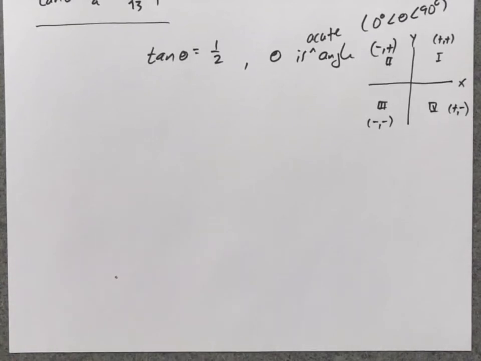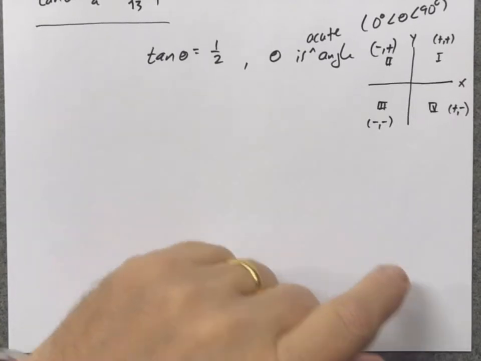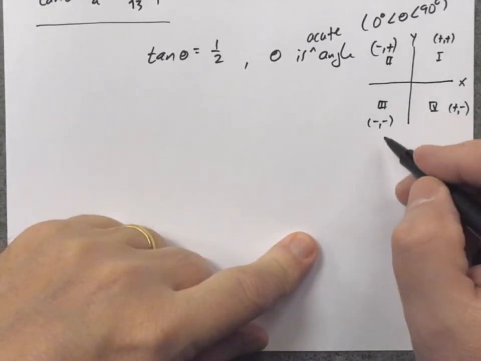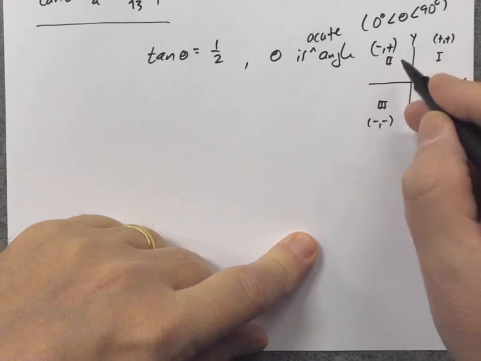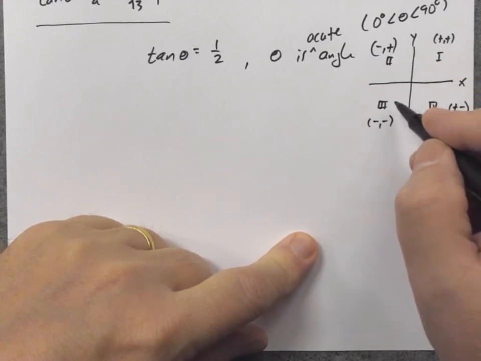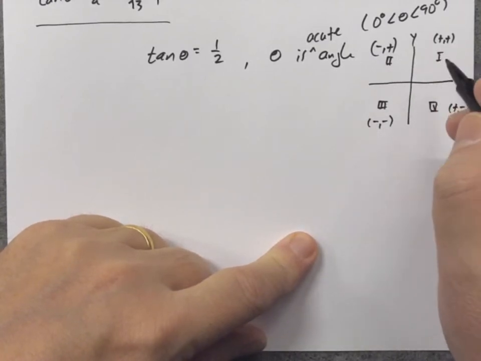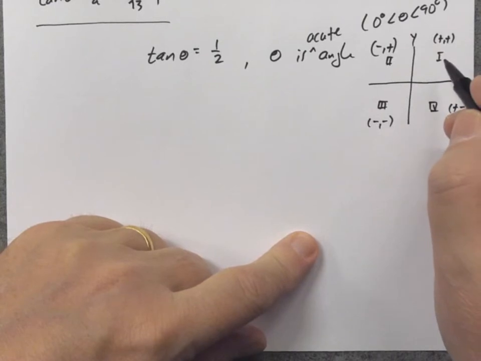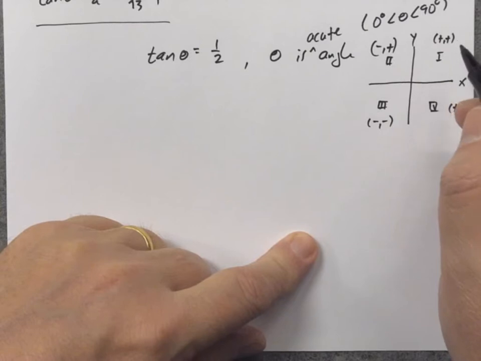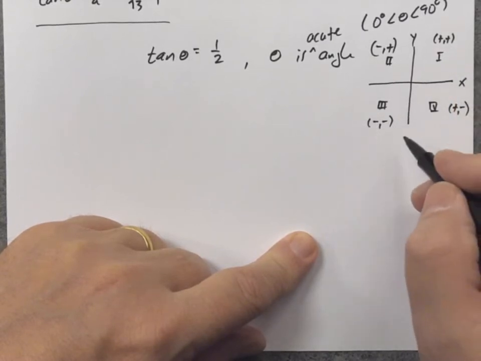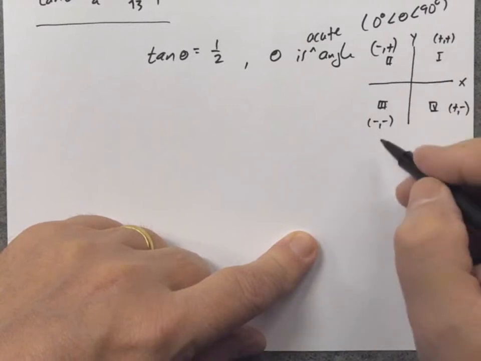Now, as it turns out, when we start working on these trig functions, once we know which quadrant our angle is in, that helps us to determine whether our final answer should be a positive or negative number. You'll see me do these in a few minutes, but just for now, let me make this point, and then we'll talk about it later.